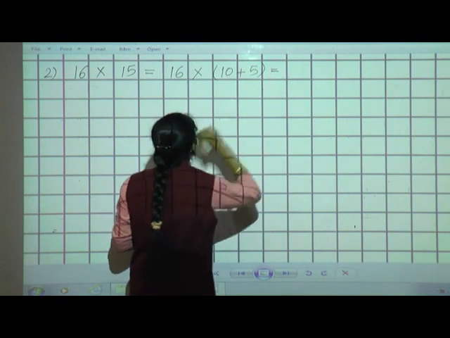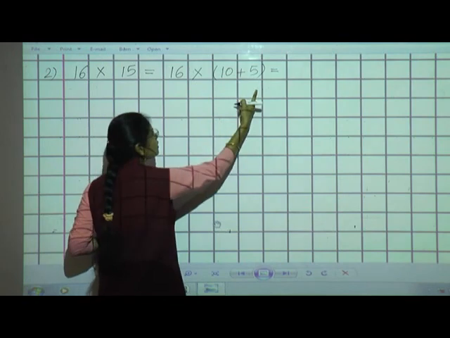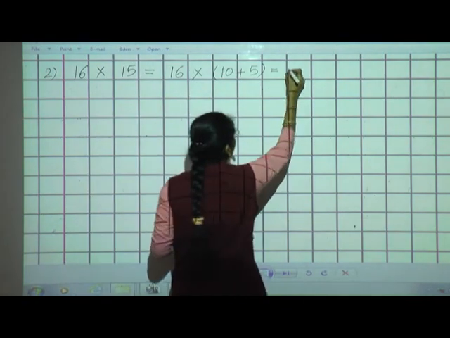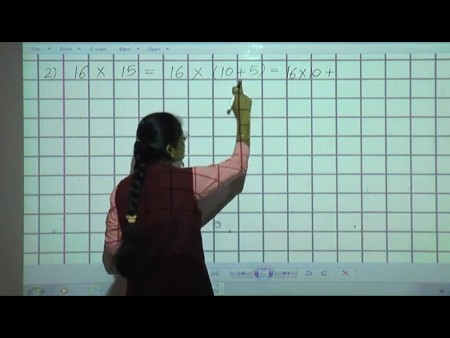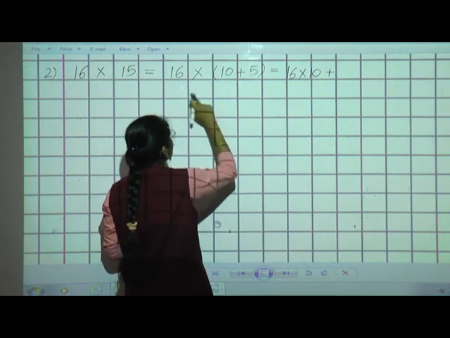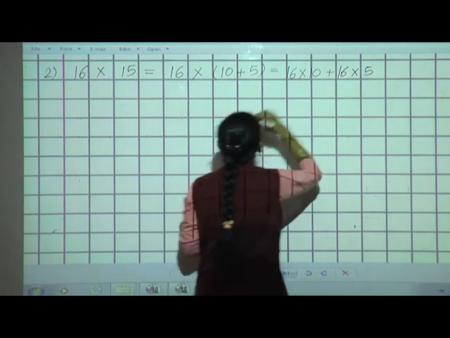Then is equal to, now what we will do? We will multiply 16 by each number. Now 16 into 10. Then here a plus sign is there, so we will give a plus sign. Then 16 into 5. Okay.